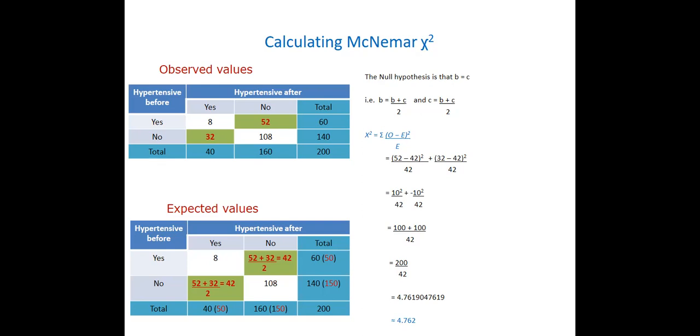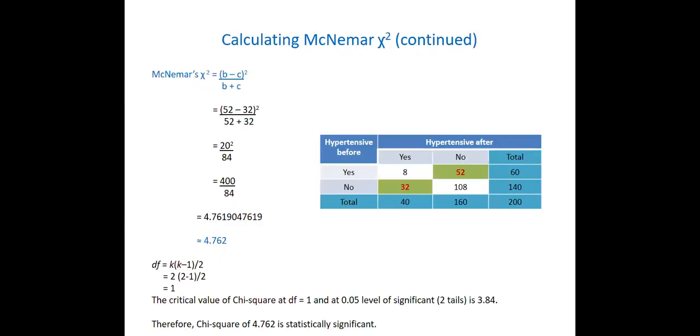But the intelligent people came with an idea that there's a shortcut. Instead of calculating expected values, you can actually say the difference in the discordant cells squared over the addition of the discordant cells. If you subtract the discordant cells, you square it, you now add the discordant cells to divide it. It will give you the same. Can you see how short it is?